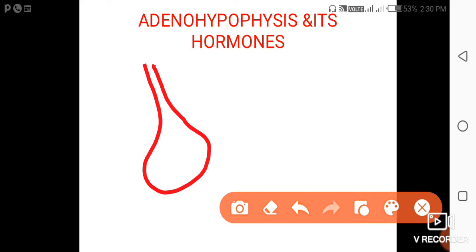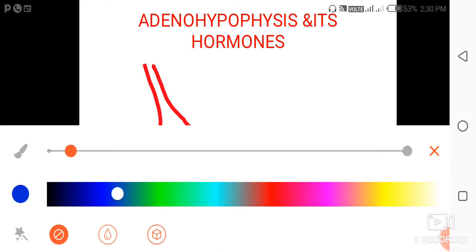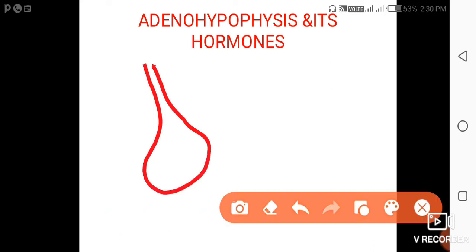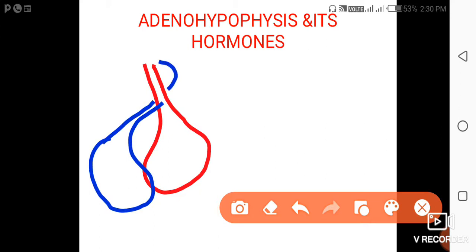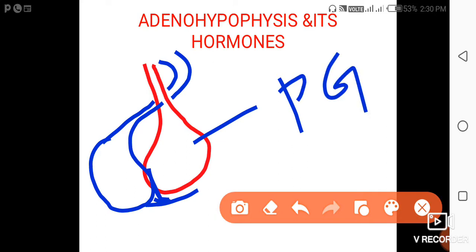This is the posterior lobe or neurohypophysis, and this one is the anterior lobe, the adenohypophysis.